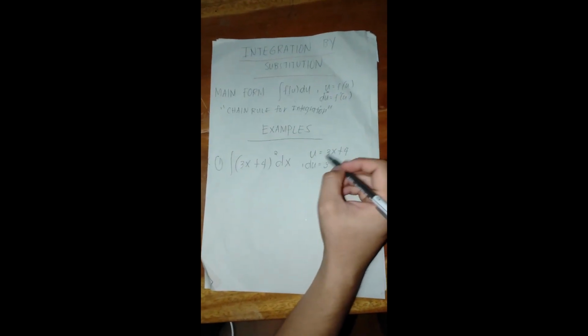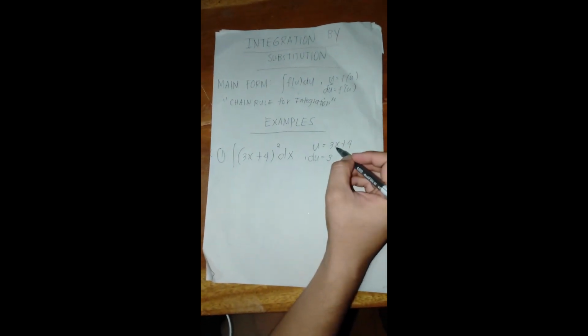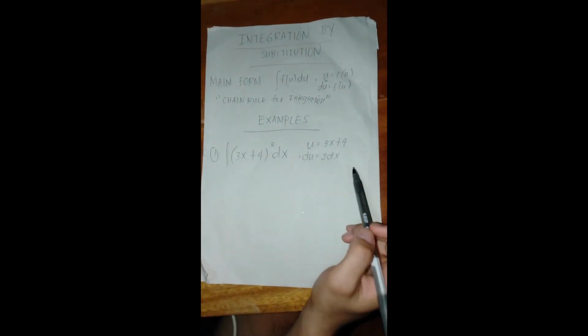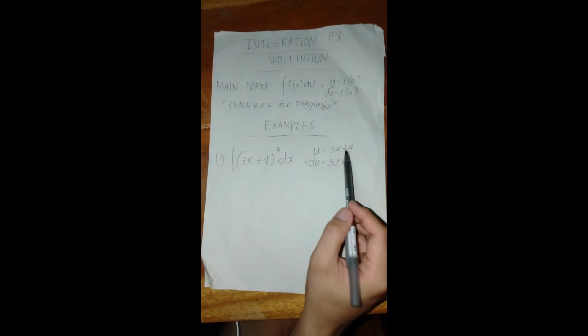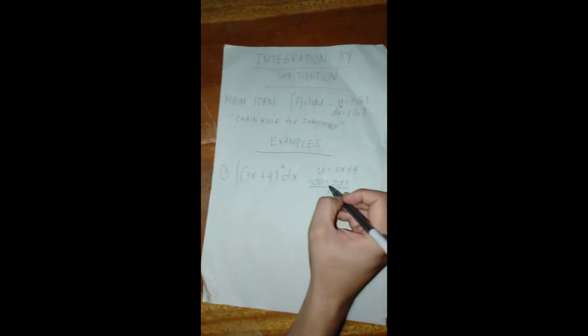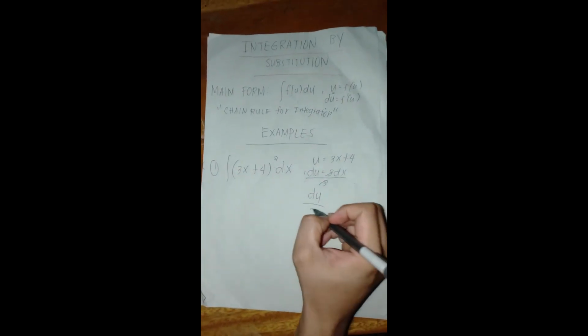So, derivative of x is dx. So du equals 3 dx. If you divide both sides by 3, magiging du over 3 is equals to dx.